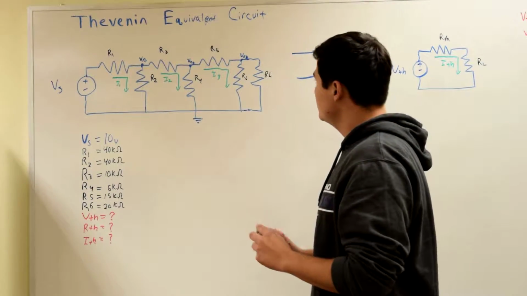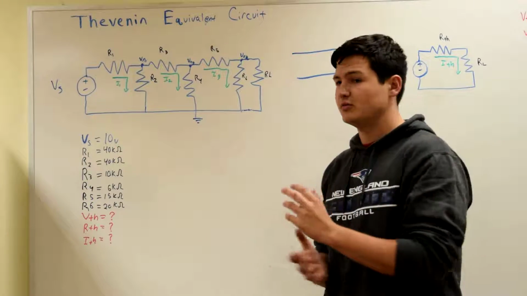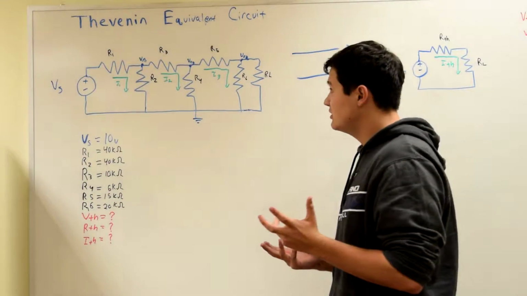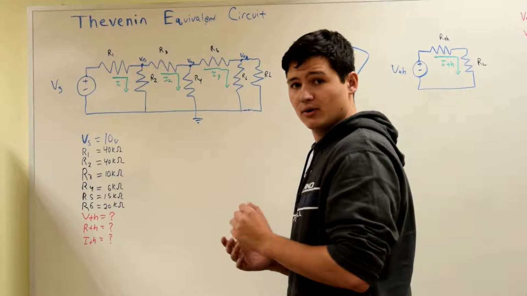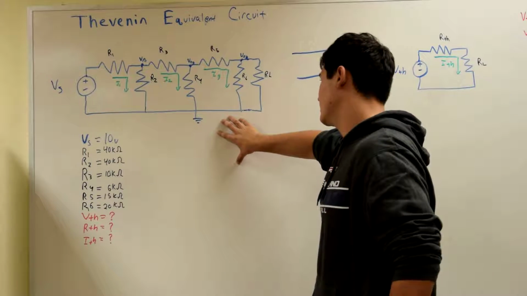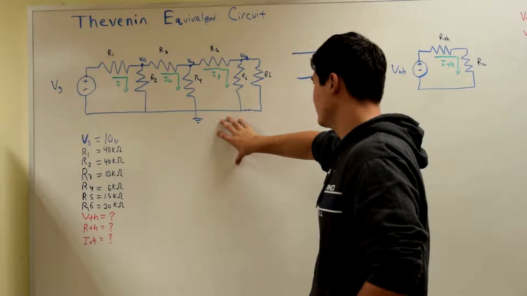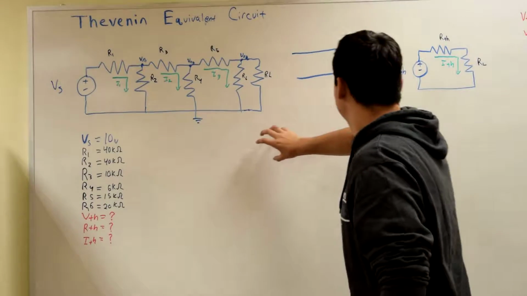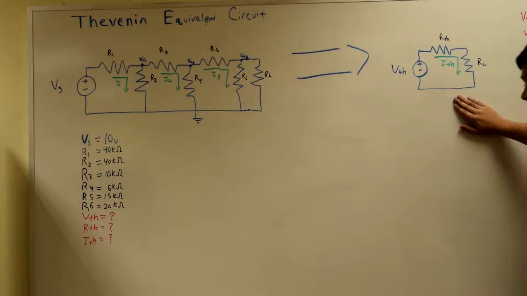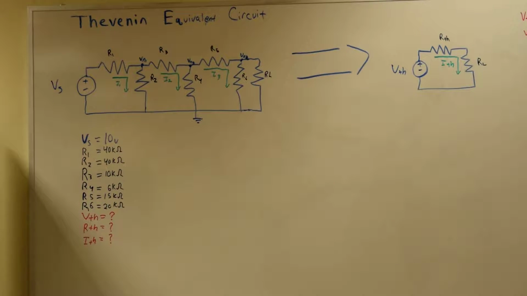So, the Thevenin Equivalent Circuit, what's it used for? What does it do? Why do I need to know? Well, it's actually a really useful theorem. What it does is it takes a circuit like this that looks big and kind of scary, and you shrink it down to a circuit that looks like this. Hopefully you guys can see that in there. Let me check. Yes, you can.